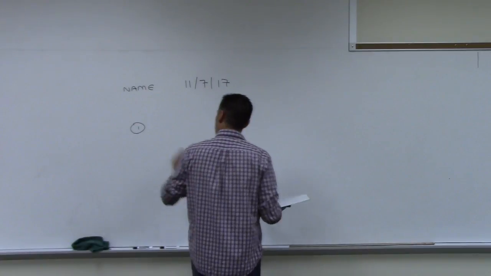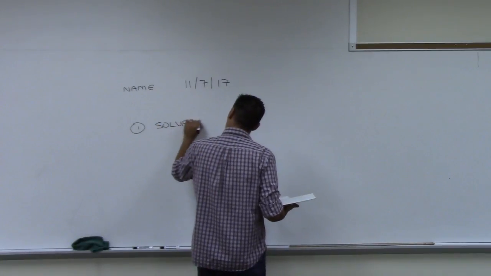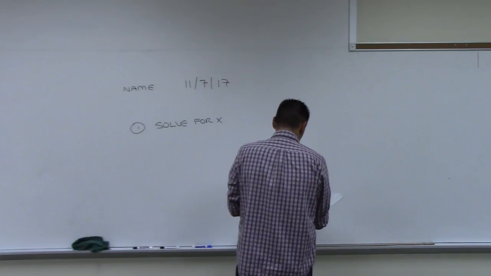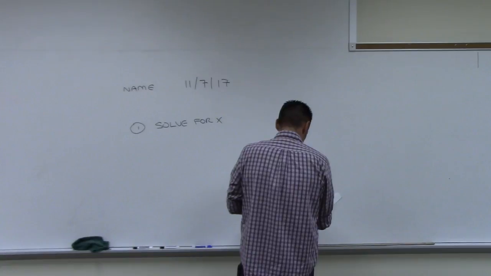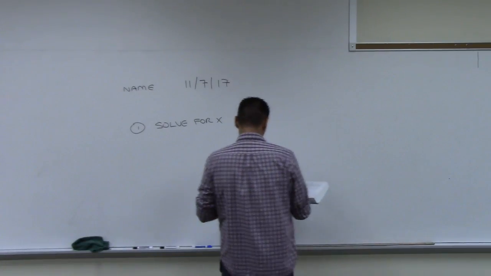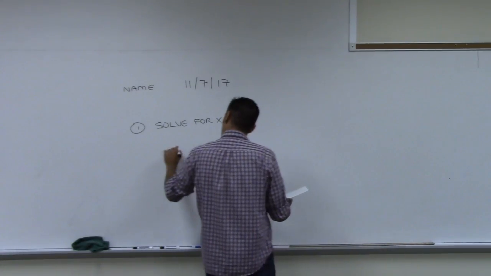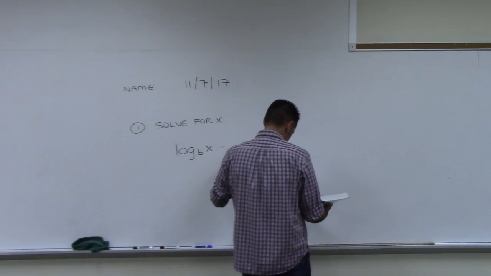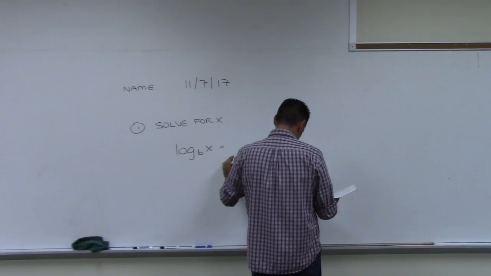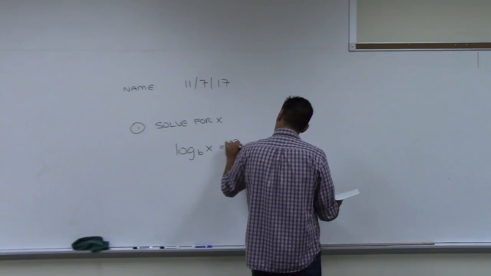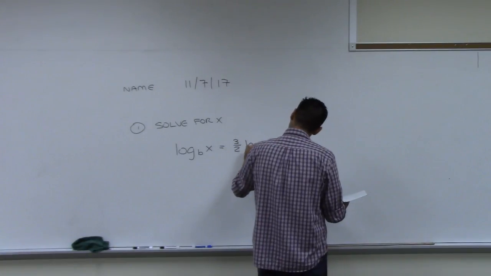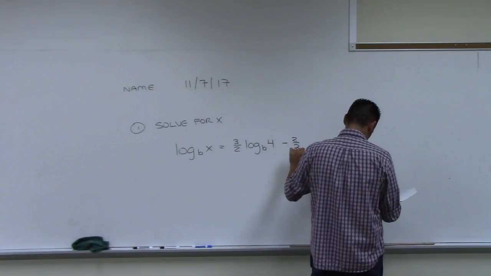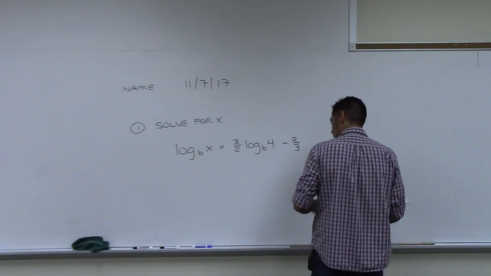All right, first one. Solve for x. Log base b of x equals 3/2 log base b of 4 minus 2/3. Oh, you know what?